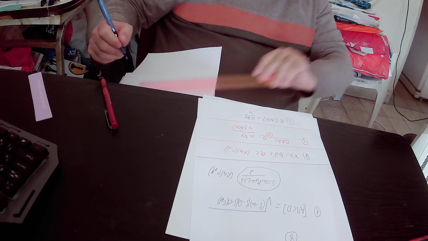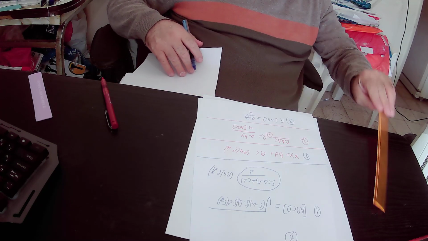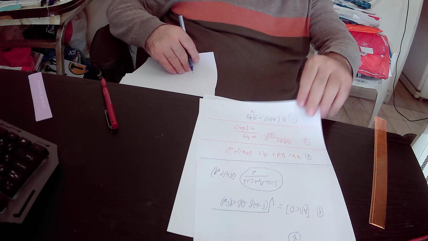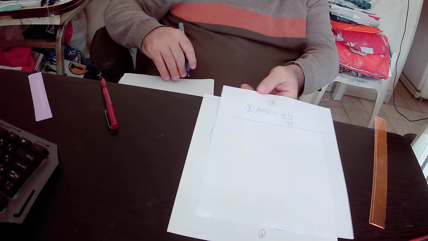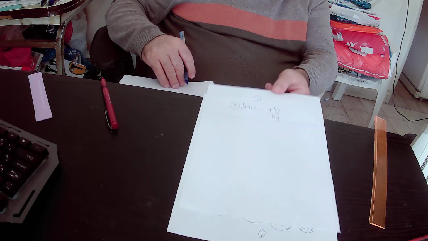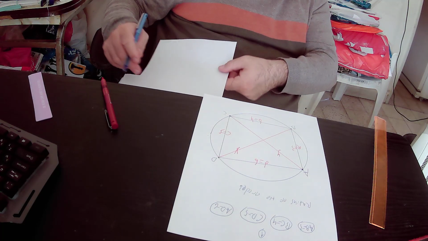Okay? Again, we divided this equation number 3 by R, and we got that the area of triangle ABC equals ABY over 4R. Okay, so we found the area of triangle ABC.